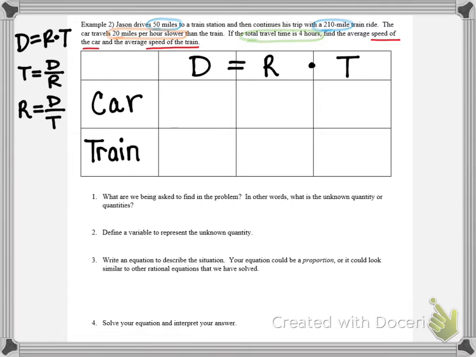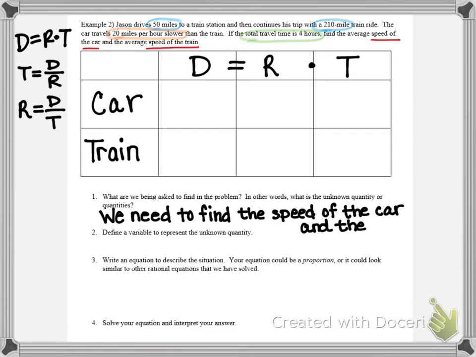So we're being asked to find the unknown quantity or quantities. We need to find the speed of the car and also the speed of the train. And that was the red underlining I did in the problem. It said find the average speed of the car and the average speed of the train. So I'm looking for two rates, one for the car, one for the train. All right.